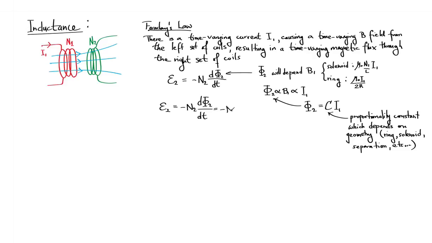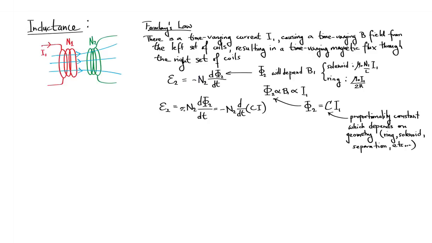So it's minus N2. I'm going to say phi 2 is equal to C, this proportionality constant, times I1. So basically it's going to be d by dt of C times I, right? And since C is something that depends on the geometry and the separation, that is not varying in time, this is just some geometric factor, so it can be factored out here.